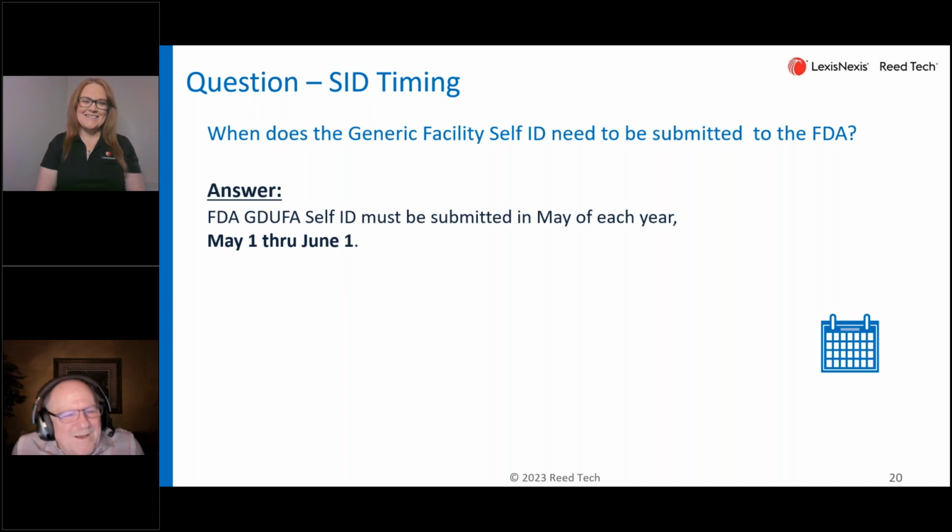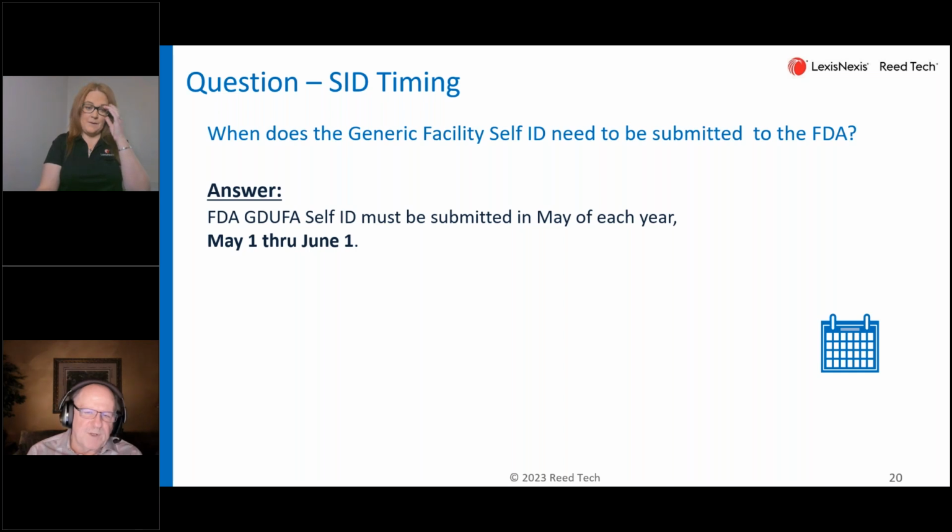That date is actually a month in duration. Every year, basically the month of May, from May 1 through June 1st, there's this window that you do need to submit your self-identification data to the FDA.